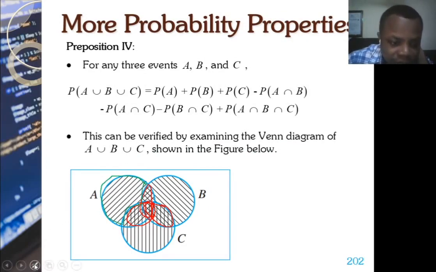Now probability of B will be equal to whatever we have in this section.